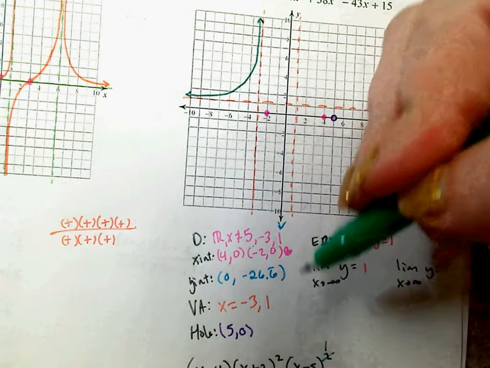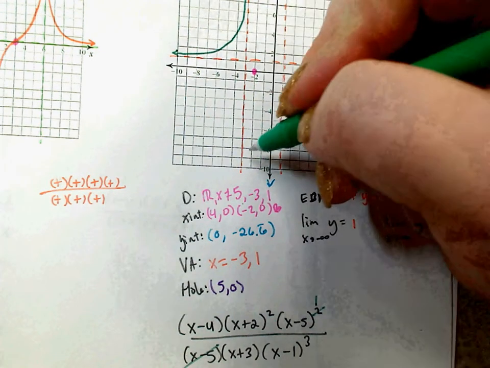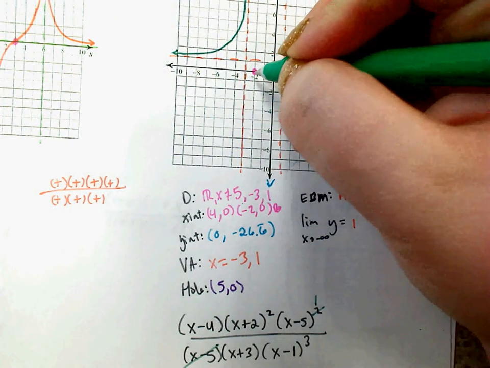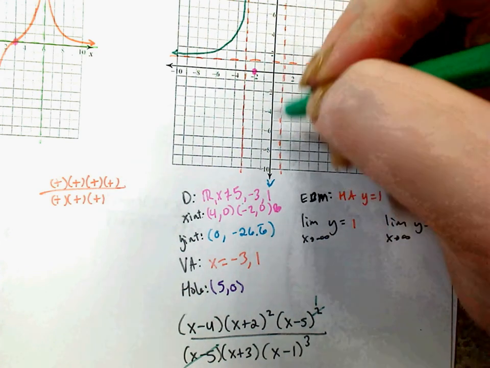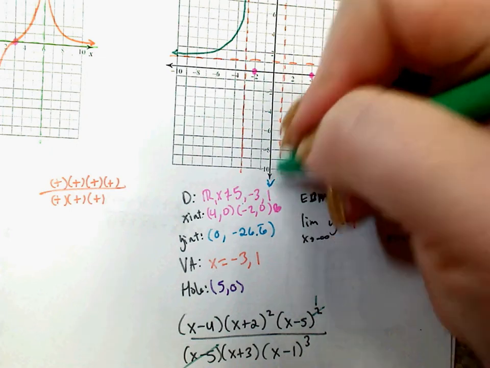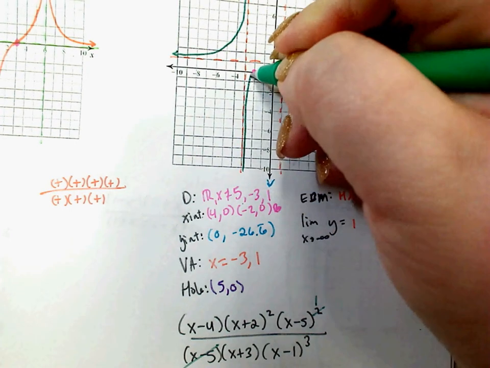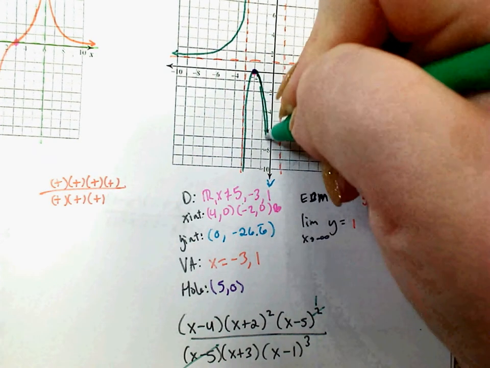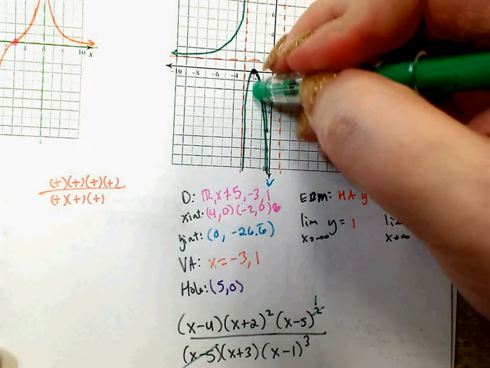So I've got to start up here, I've got to bounce off this, and I don't have another x-intercept, so I can't come back up, so I'm thinking I have to come back down. But remember, my y-intercept is way down here, so I can't even see that. So I'm just going to come up, bounce, and then go towards the y-axis, even though I can't really get that close to it, because the y-intercept is way down there. Okay. All right.